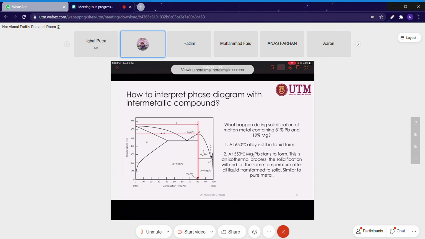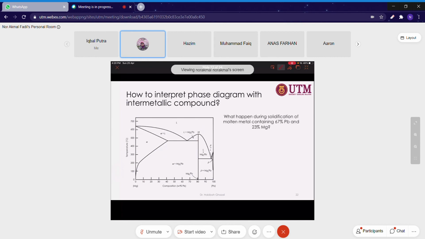This is an isothermal process. The solidification ends at the same temperature, similar to a pure metal, because it contains only one single phase, so the change from liquid to solid occurs at one single temperature.